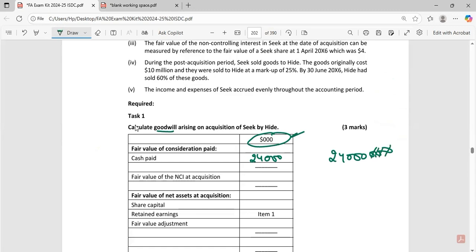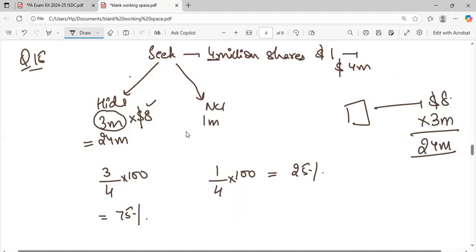Fine. Let's see now the fair value of NCI at acquisition. Let me highlight this, that this is 75% and this is 25%. This is P company's share and this is S company's NCI share. Now we have to tell the amount that belongs to NCI.